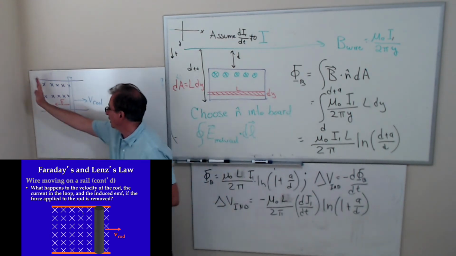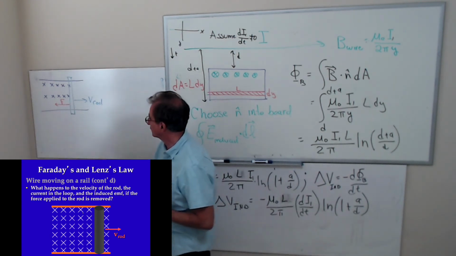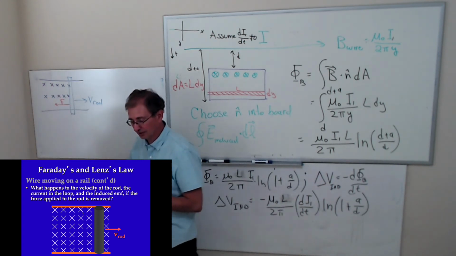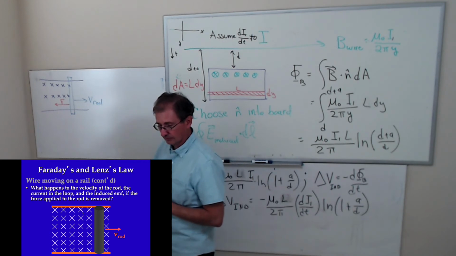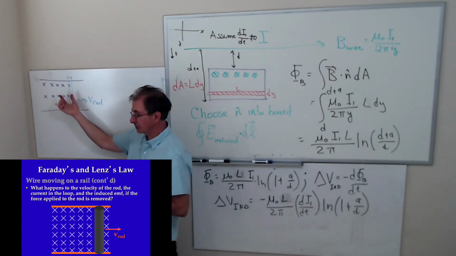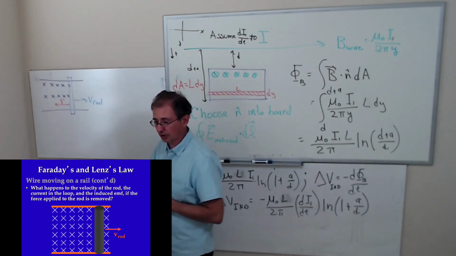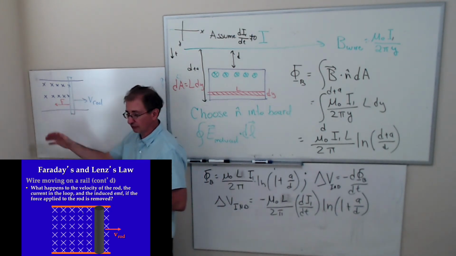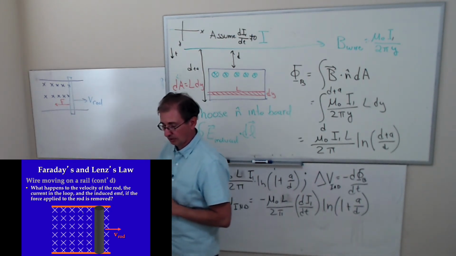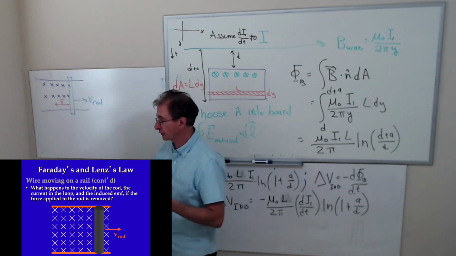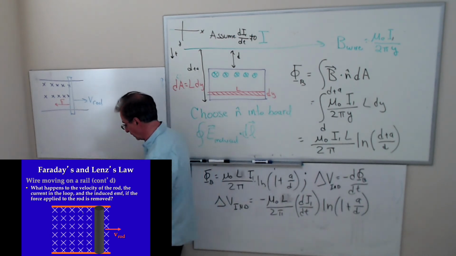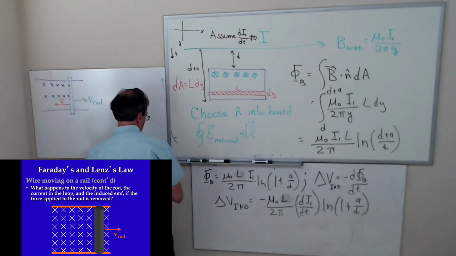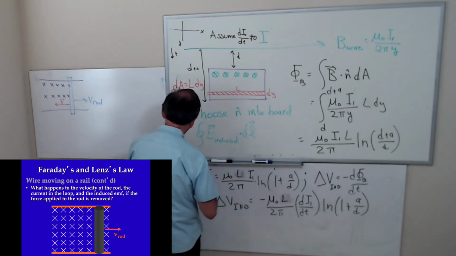I don't show the right end, I don't show the left end there, but there's going to be a current that's induced. So the mechanical energy gets converted into electrical energy. This has to slow down. That means there has to be a force in the opposite direction. And just from that, we can deduce the direction of the current. But we saw in class this morning that the direction of the current is upward.